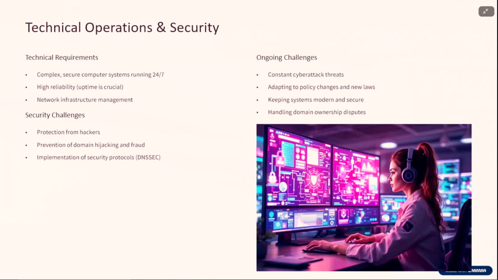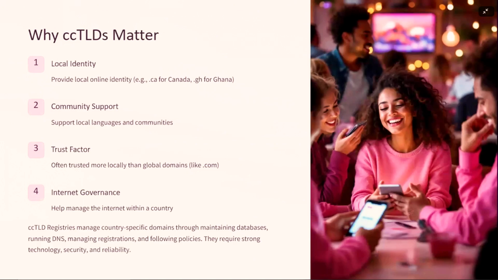And people also come in and say, oh, I've also registered Google, but my Google is GUULLE.com.gh. And these things bring a lot of conflict or dispute that these domain name registries have to adjudicate. And sometimes it takes a toll on them. So these are some of the ongoing challenges that domain name registries face.